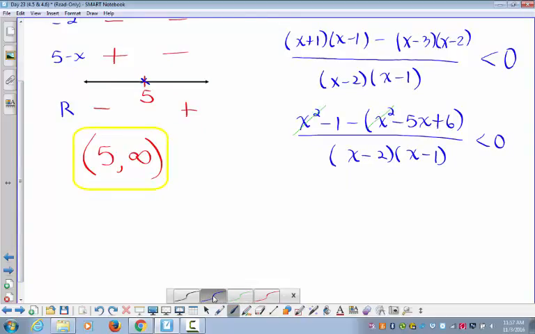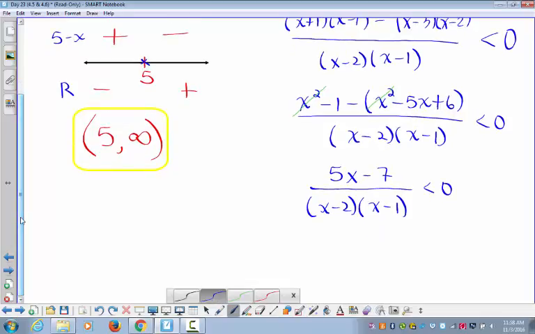X squareds are going to go away. So we're going to have 5x minus 6 minus 1, so minus 7. All right, so there's our final factored rational expression.